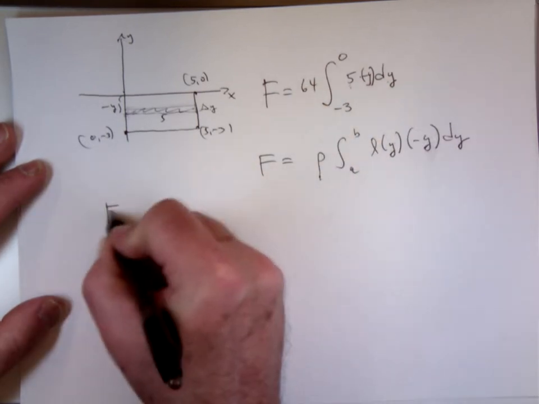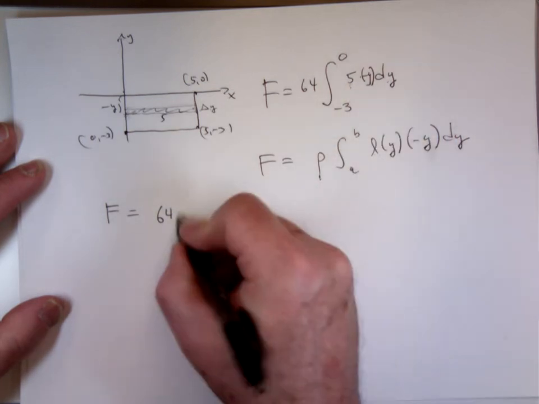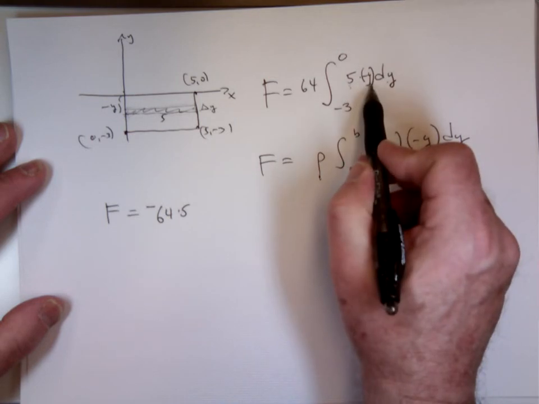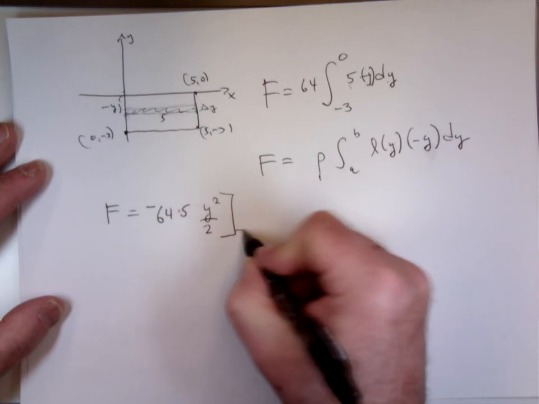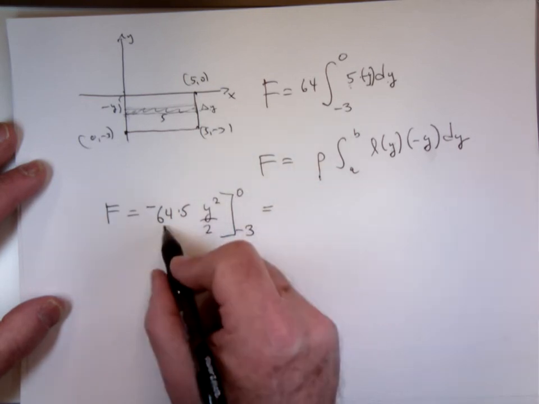64 times 5, I can take that out front, and I can take a negative out front. I have the integral of y dy, which is y squared over 2. Take this out, I get 32 times 5 is 160.